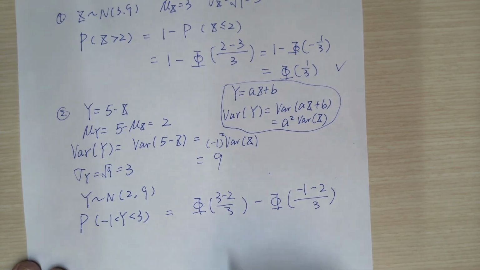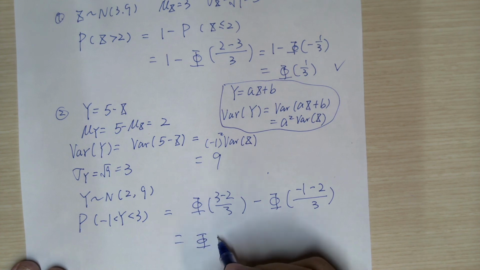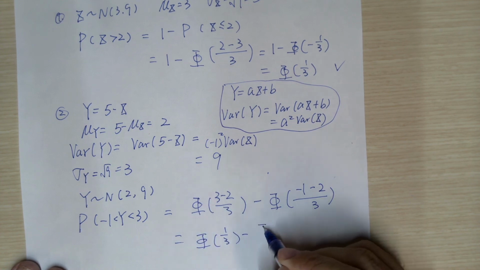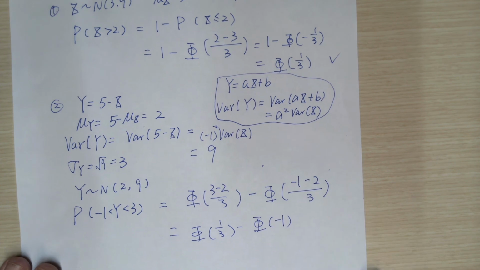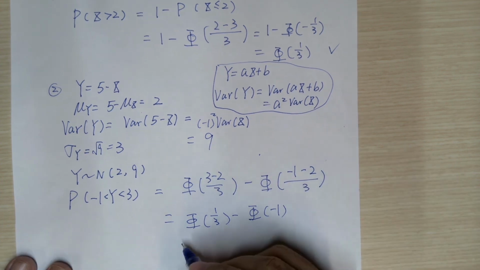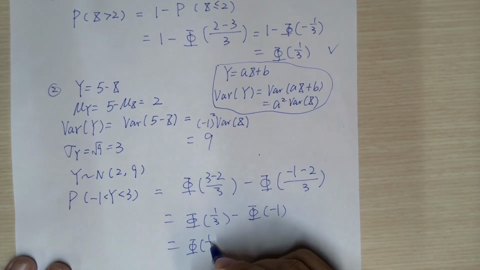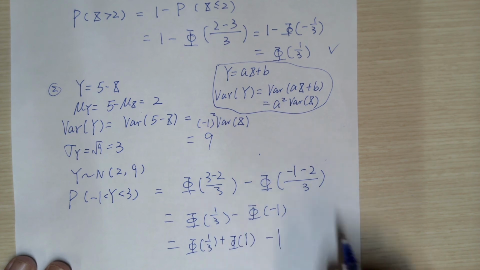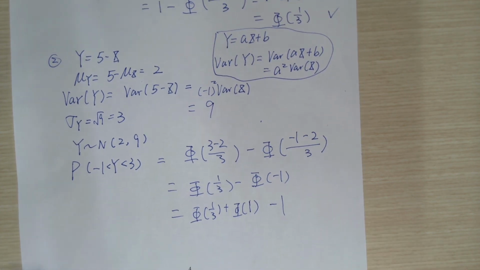So as you can see, this equals phi of 1/3 minus phi of negative 1. Of course, you can write this as phi of 1/3 plus phi of 1, minus 1. Okay, that's part 2.